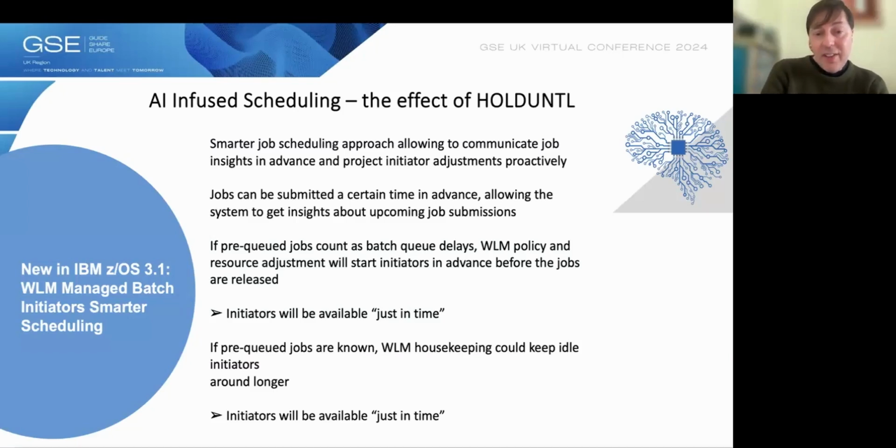Actually, this is a way to have initiators available just in time. This is what you can achieve with this already available PTF of 10.1 of IzWS. Obviously, if you're using IzWS 3.1, you also need to be on that level of operating system.